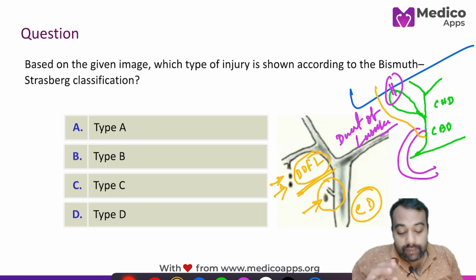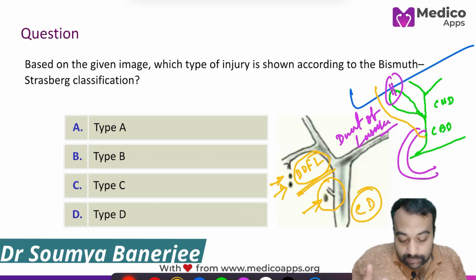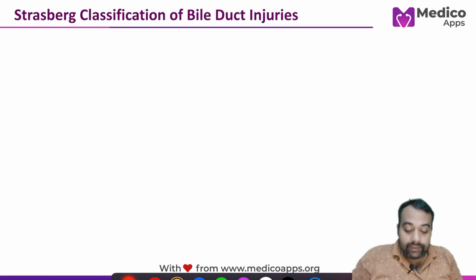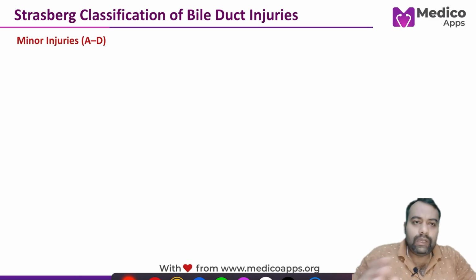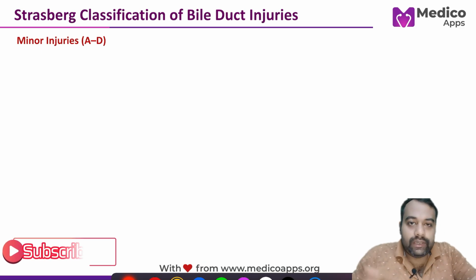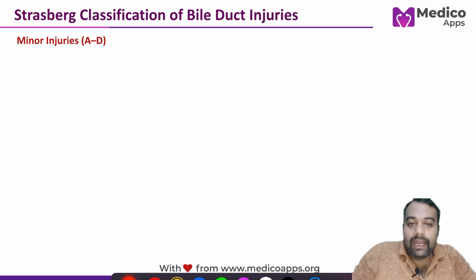Okay, now let's try to understand the Bismuth and Strasberg classification. Regarding the Strasberg classification of bile duct injury, we have the minor injury and the major injury. Your minor injuries are type A to type D, and the major injury is the type E injury.